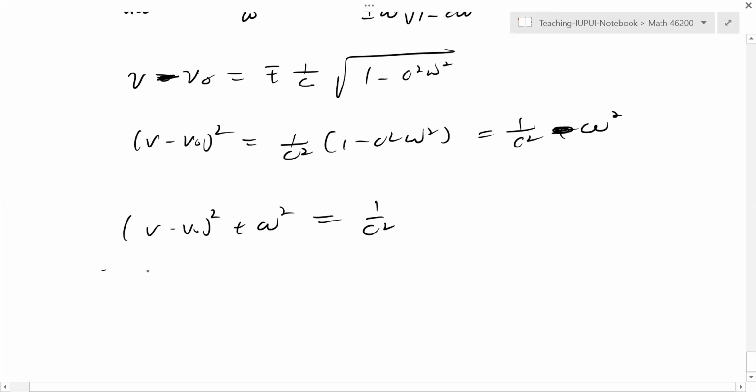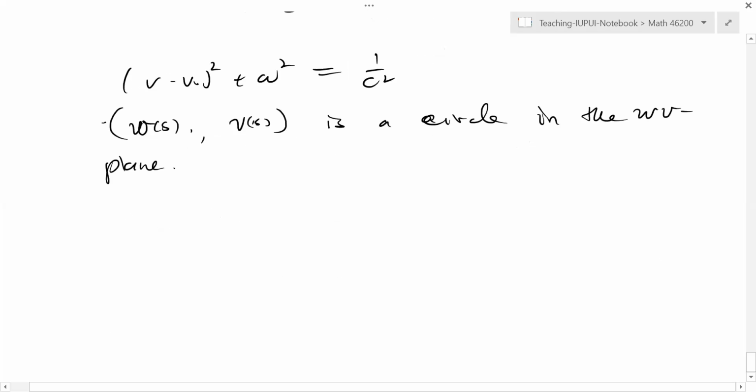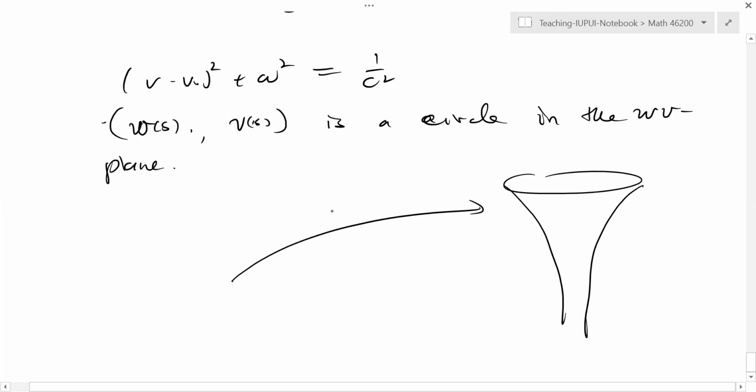So the curve in the WV plane is actually a circle. Now how can I describe the geodesics? This is a pseudosphere. I have the map sigma tilde.